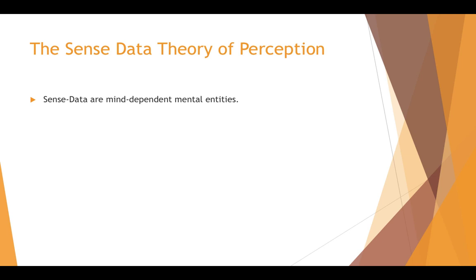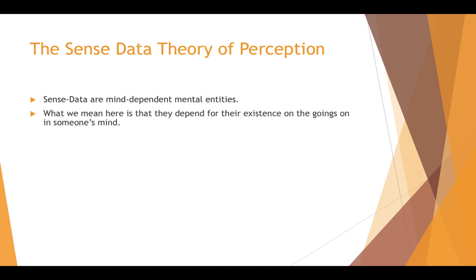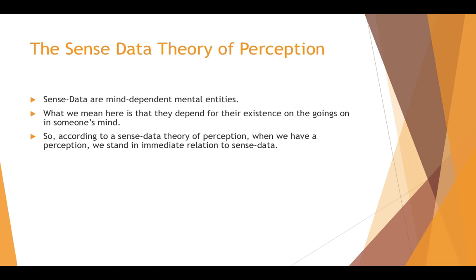So they depend on the existence of a brain or a mind. According to sense-data theory, when we have a perception of something like this water bottle, we're not actually perceiving the water bottle directly. We're perceiving some kind of sense data.